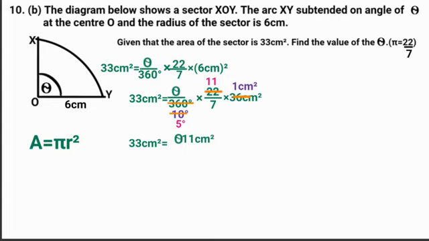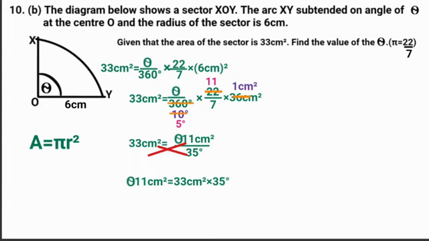Then over, 5 degrees times 7 gives me 35 degrees. Once I've done this, the next thing is to cross multiply. Once I do the cross multiplication, I'm going to have theta 11 centimeter squared is equal to 33 centimeter squared times 35 degrees.